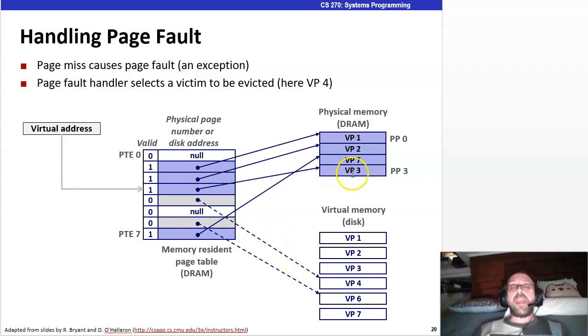And then it can load virtual page 3 from the disk into memory and point virtual page 3 over here to that location in physical memory.